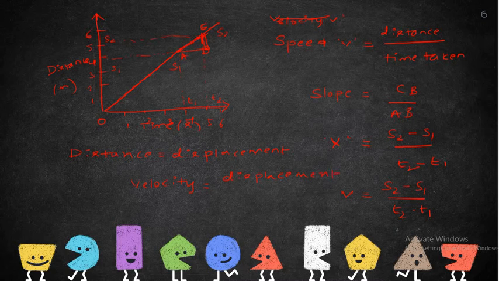If I consider this condition, then only can I say velocity is nothing but displacement by time taken. So velocity is also equal to S2 minus S1 by T2 minus T1, because displacement is equal to distance and the time remains the same. So S2 minus S1 by T2 minus T1 is also the expression for the velocity from the distance-time graph.